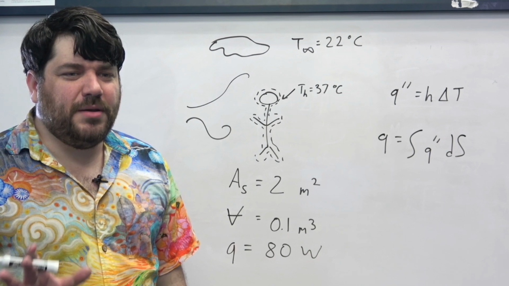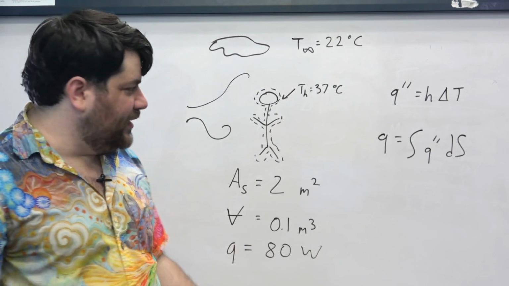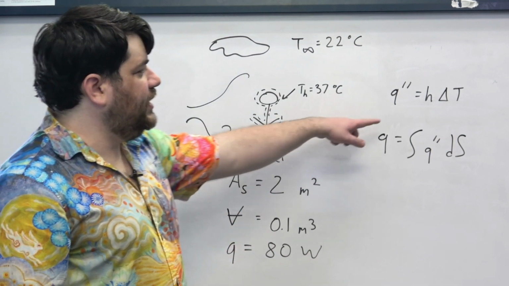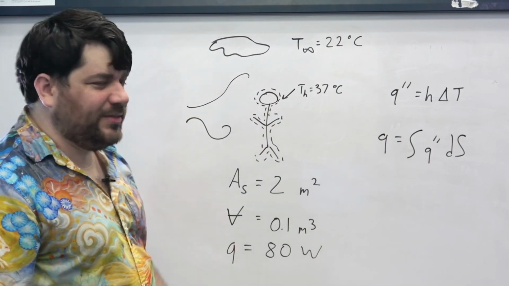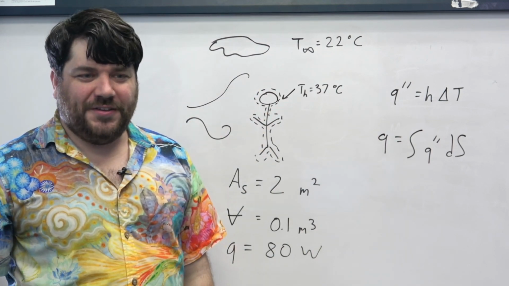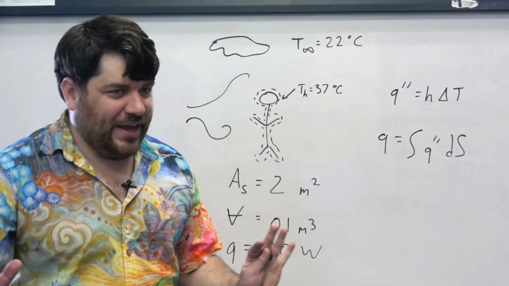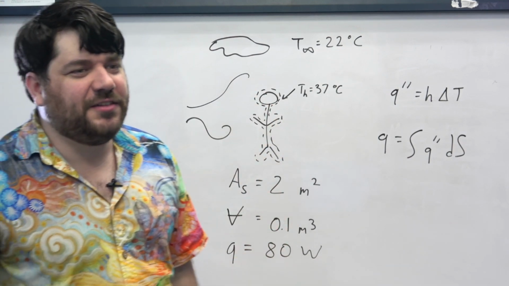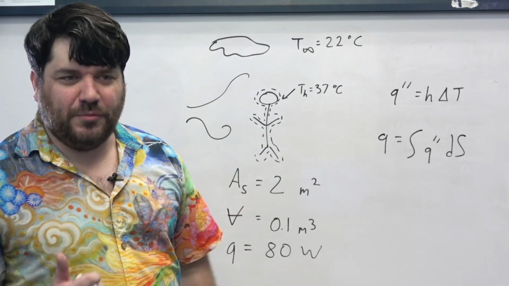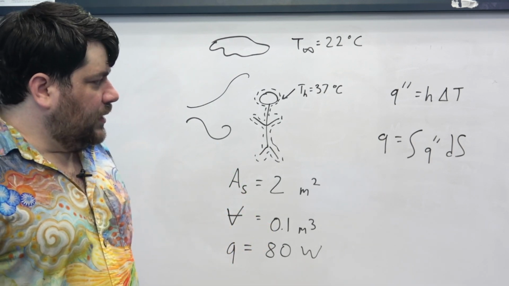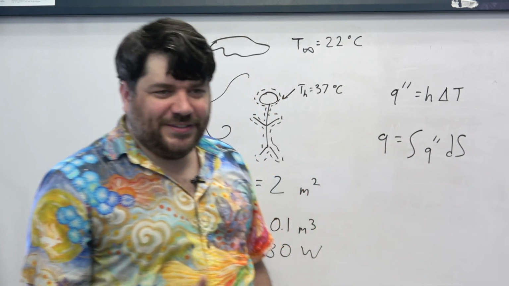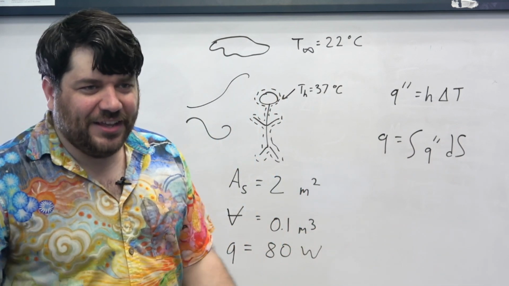Now, if we make an assumption, which is to say that we assume that heat fluxes over the surface of this body are all the same everywhere on the body. This is not true, but it's a decent enough assumption that we can get somewhere with the math. Then this integral stops being a nasty integral, right?